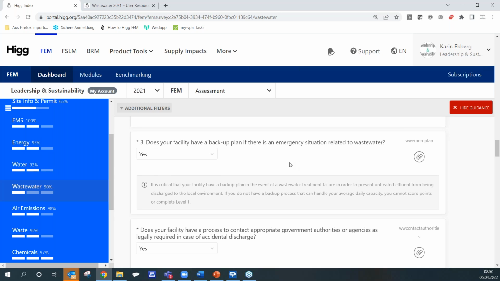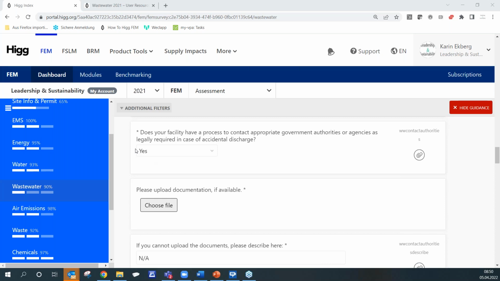I hope you can see. Wait a second, I will just check. Yes, you should be able to see the Higg portal now with the Higg FEM and the wastewater section. So does your facility have a backup plan if there is an emergency situation related to wastewater? We respond yes here. And then the next question is, does your facility have a process to contact appropriate government authorities or agencies as legally required in case of accidental discharge? So you can respond here, yes or no.